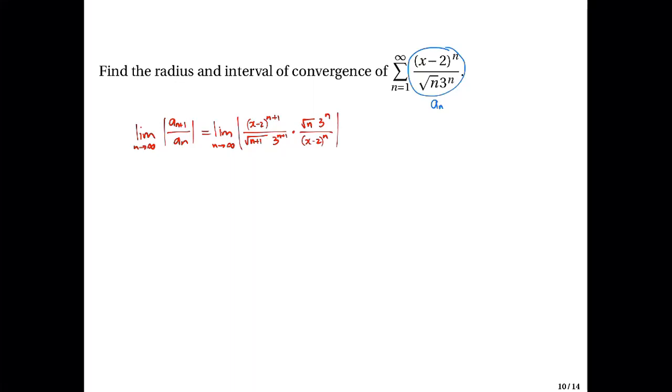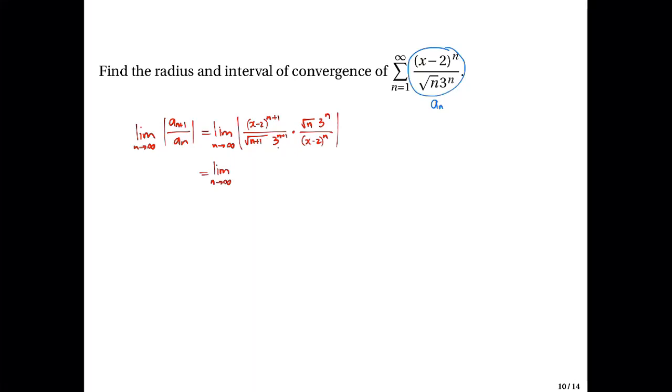And let's work on this completely. What we're going to do is separate the x minus 2 from the x minus 2 to the n, and also separate the 3 here from 3 to the n.